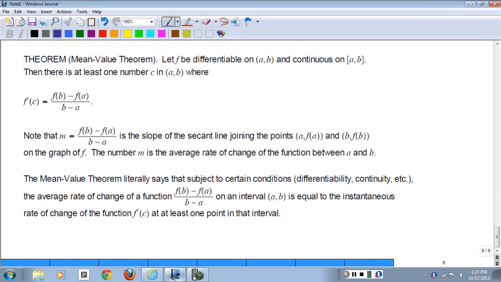It doesn't have to have the property that f of A equals f of B. f of A could be here, f of B could be way up there, and so we can have a slanted line connecting those 2 points on the graph. That's acceptable, and that's what's going to happen in this picture.